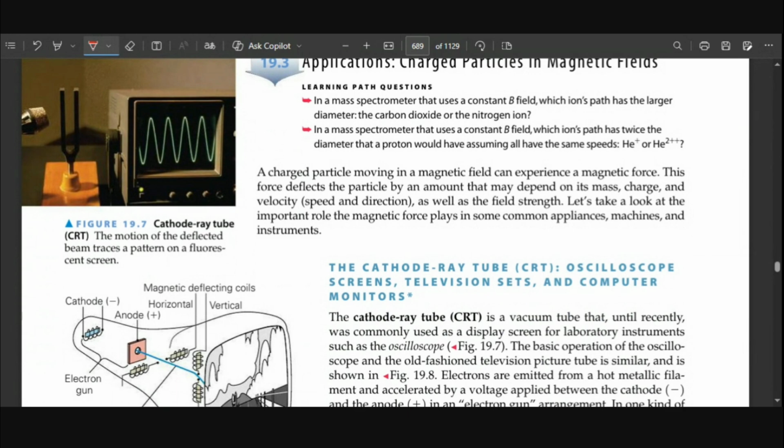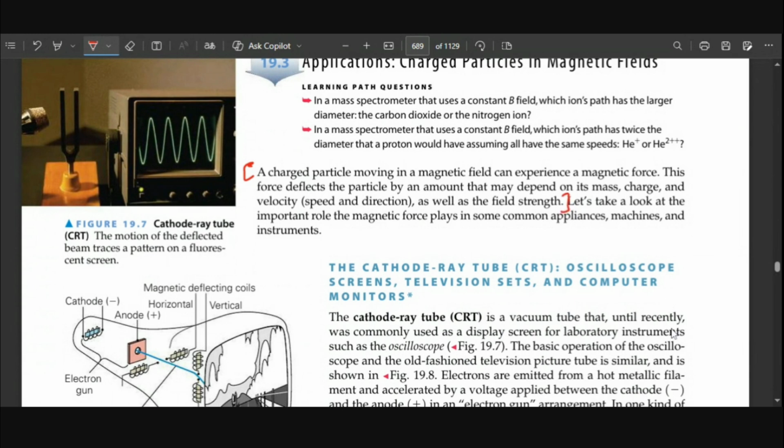The first thing we need to understand: a charged particle moving in a magnetic field experiences magnetic force. This is something we have already understood. This force displaces the particle by a small amount, which depends upon its mass, charge, and velocity, as we saw in the diagram as well as in the relation.